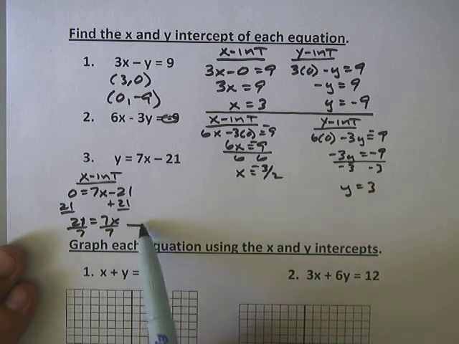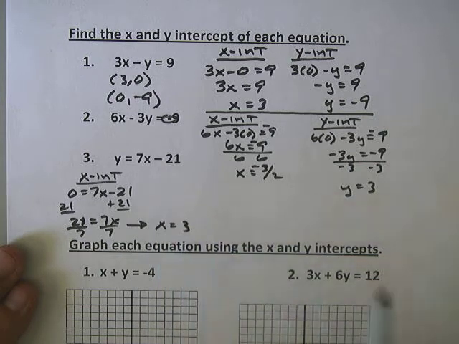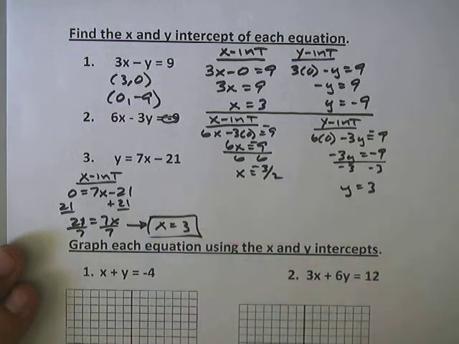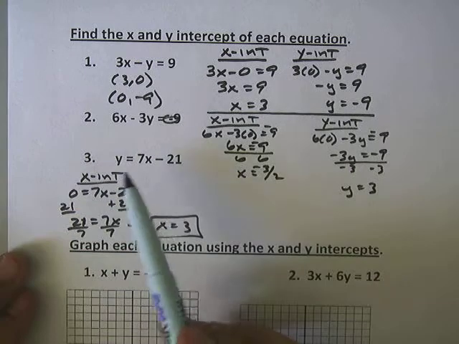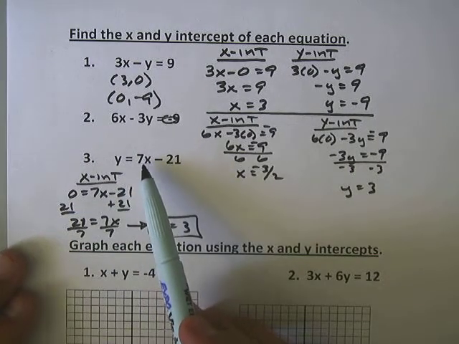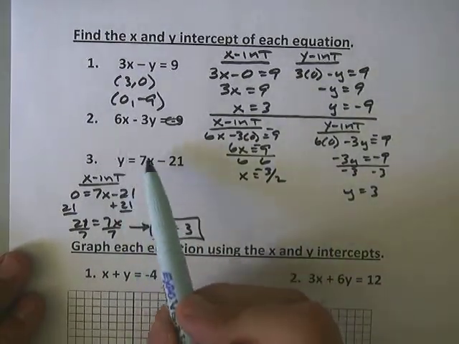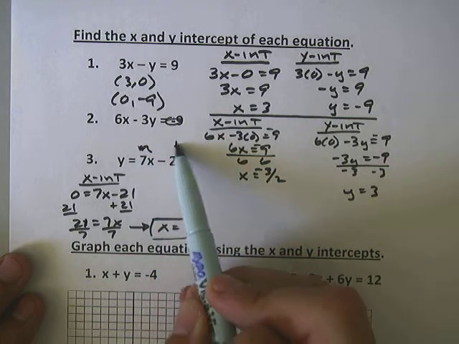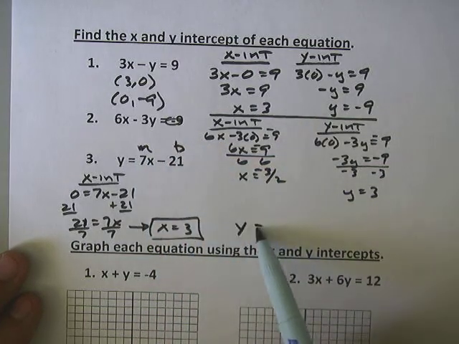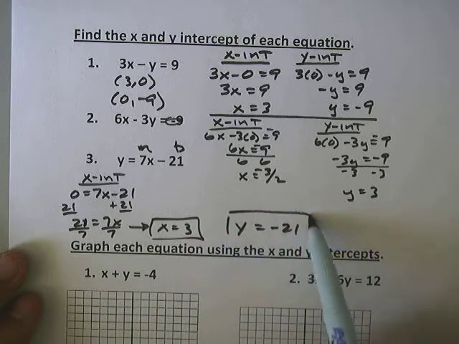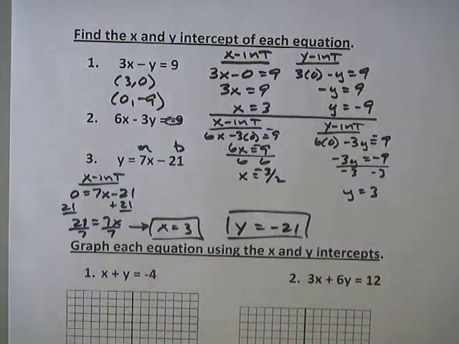So 21 equals 7x. Divide by 7. That's a 3. And so x is 3. So there's my x-intercept. Now the y-intercept, you could plug in 0 for x here, or you could just realize that since this is in slope-intercept form, this is my slope and this is my y-intercept. So my y-intercept would just be negative 21.